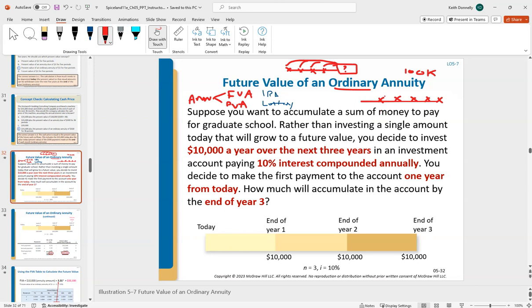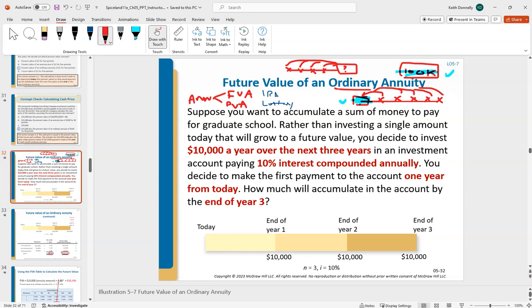So the idea is you have to compare: is it better to take the 100 grand right now, or shrink down all of those payments in the lottery to what that's worth today? When you compare these two, that would tell you whether it's better to take the lump sum or the annuity. So it's just high-level ways of thinking about it.